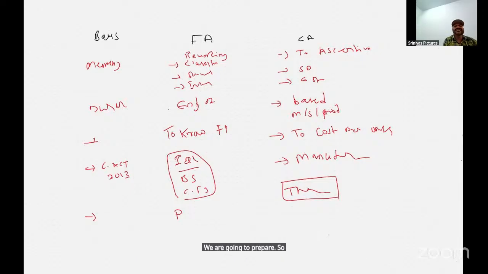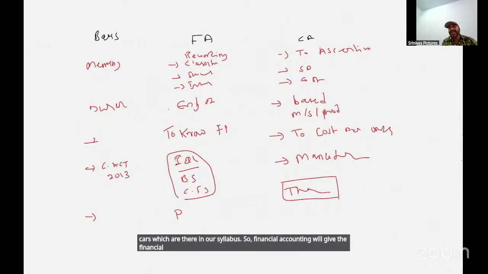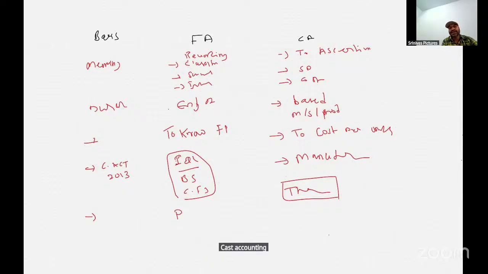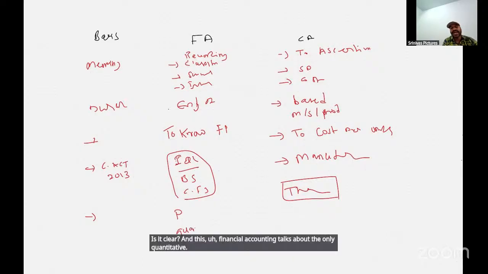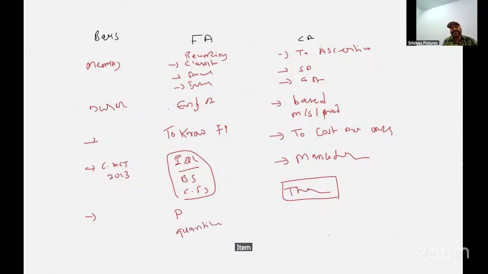So these are the differences which are there in our syllabus. Financial accounting gives the financial performance results. Cost accounting gives the individual component-wise cost. Financial accounting considers only quantitative items measured in money terms.